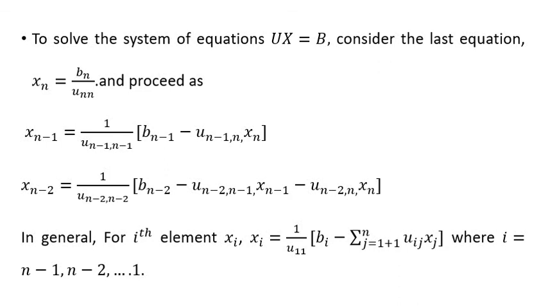Xn minus 1 equal to 1 by un minus 1 n minus 1 into bn minus 1 minus un minus 1 n xn, like that. So we can generalize that for xi also.